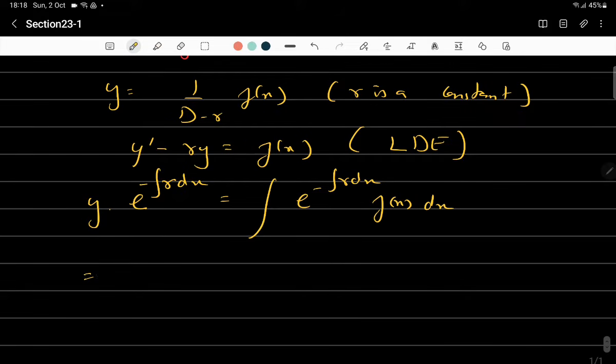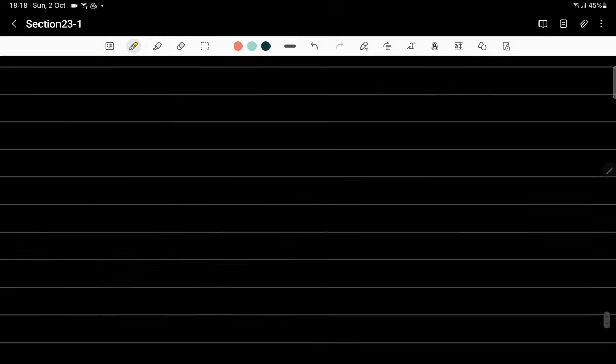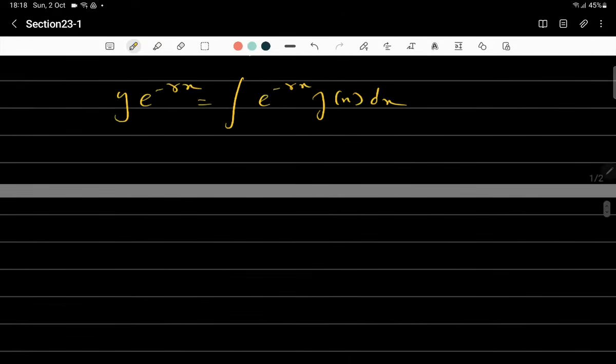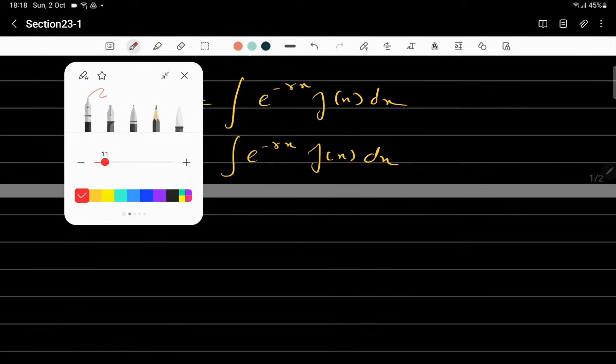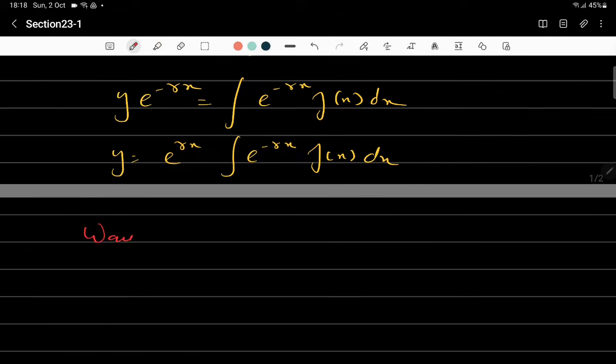So e raised to the power minus integration r dx simply becomes e raised to the power minus rx, and the integration of e raised to the power minus rx f of x dx. If I take e raised to rx on that side, then my y becomes e raised to the power rx times the integration of e raised to the power minus rx f of x dx. These are the two important formulas, especially the second one, which we are going to use many times.